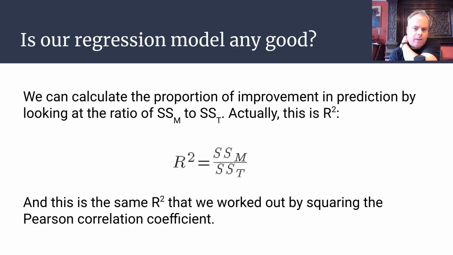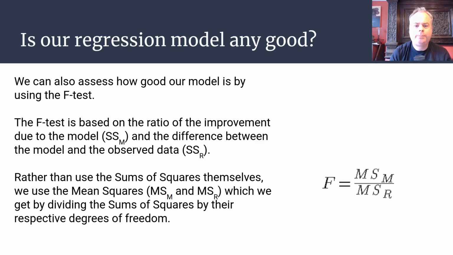We can calculate the proportion of improvement in prediction by looking at the ratio of the sums of squares of our regression model to the total sums of squares. And this is actually R squared. This is the same R squared that we worked out when we were squaring Pearson's correlation coefficient. So this is another way in which we've hopefully connected two things that we already know a little bit about.